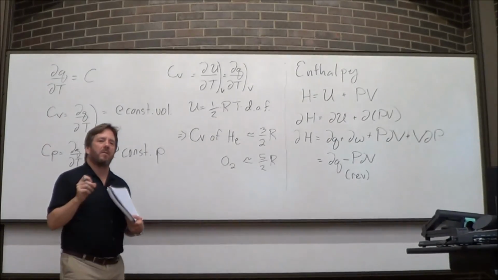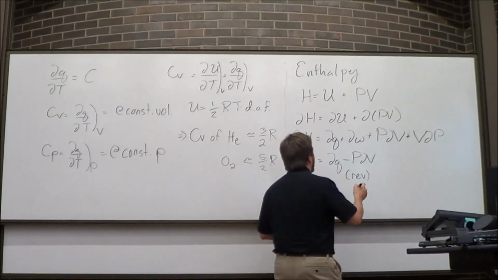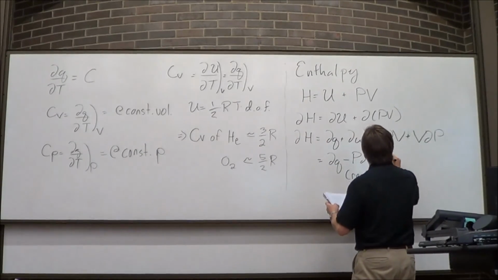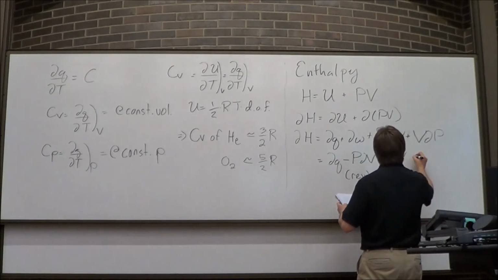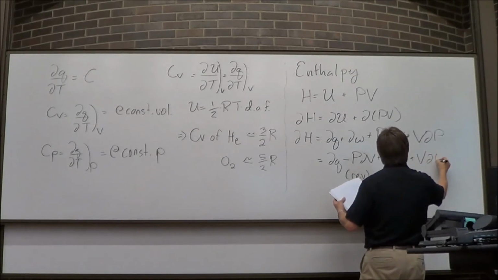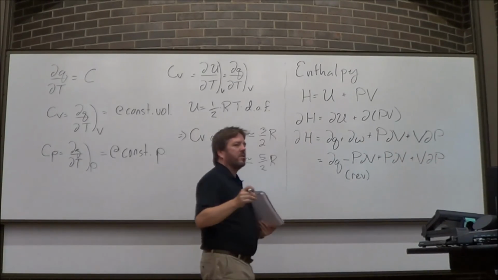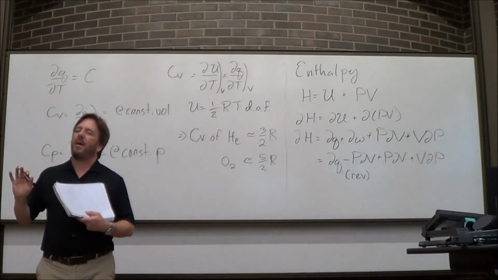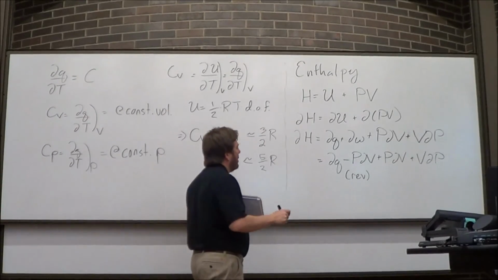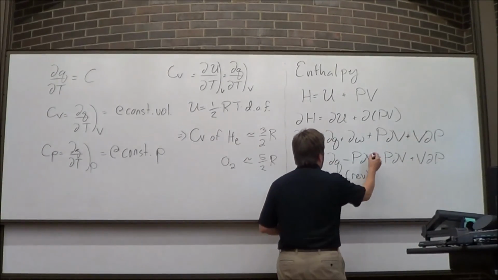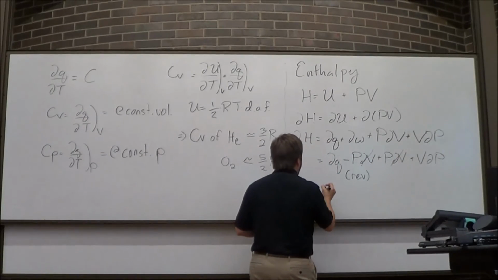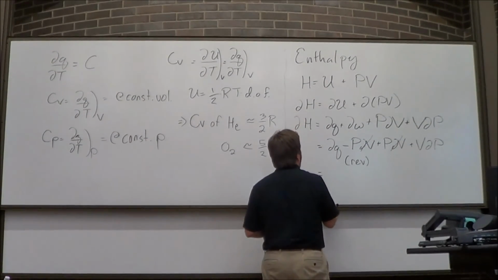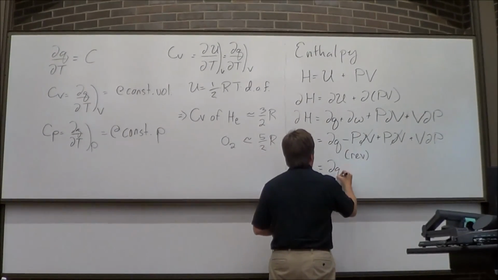But if I'm following a reversible path, then it's actually interior pressure. Yeah, P, the interior pressure. Remember, I just say P for interior pressure. When I mean exterior pressure, I have to qualify that. Okay, so again, this is a reversible work. And of course, the reason I do that is such that I can eliminate those terms.